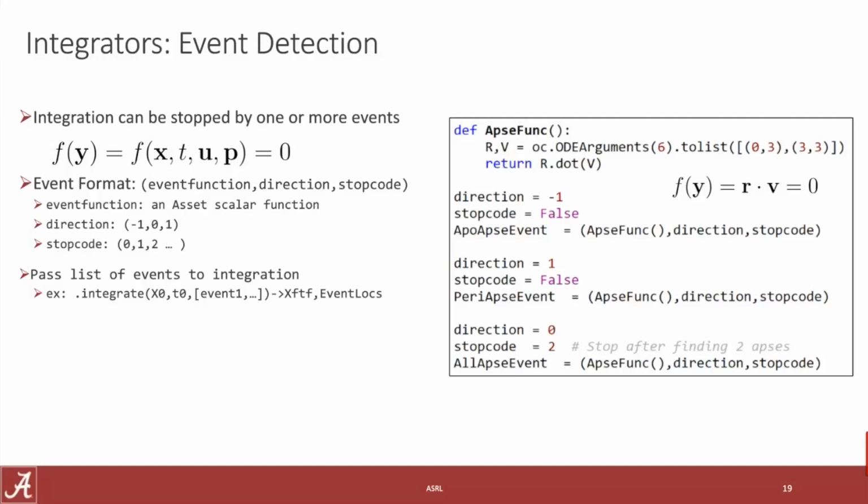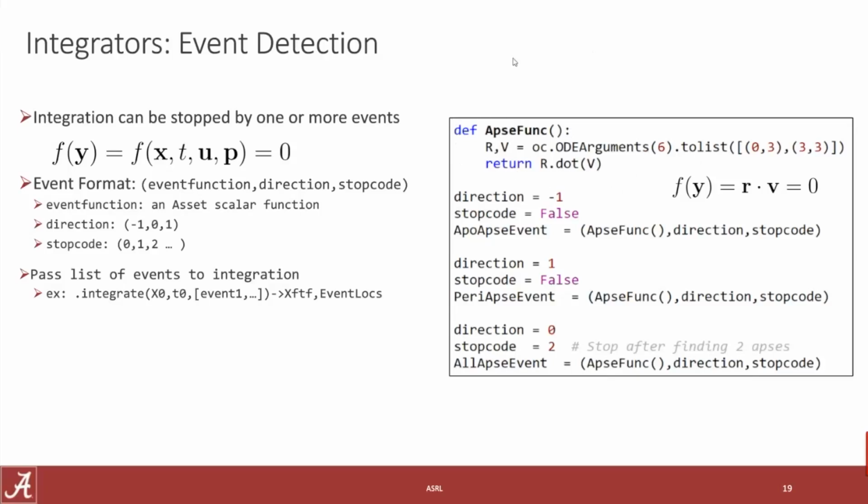In this example, say we want some set of different event detections, and we want to know whenever a two-body orbit goes through one of the apsides. So we can write a vector function using ODE args. This can be done with ODE args or vector functions.